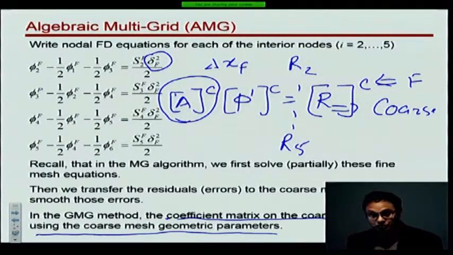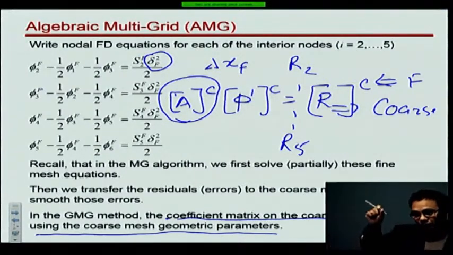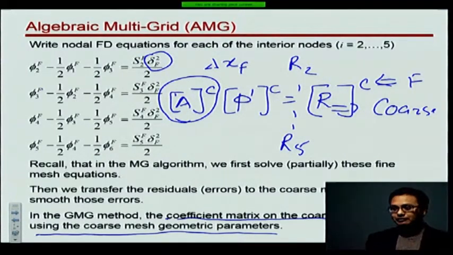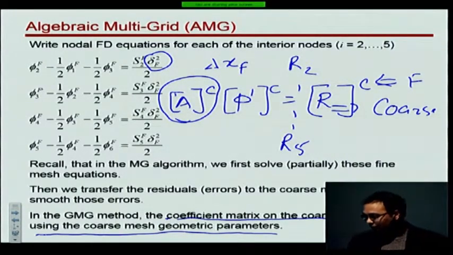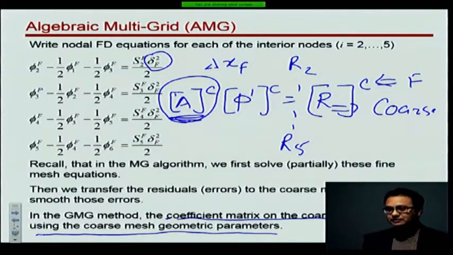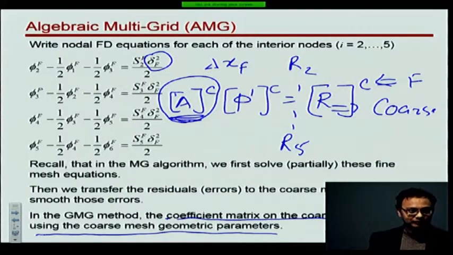For example, our elements were 1 over delta xc square, 1 over delta yc square, and so on. Now we don't have that anymore. We don't have a coarse mesh to speak of. So the question is, what are the elements of this matrix? How do we get that? That's the question I'm trying to answer in this discussion here.